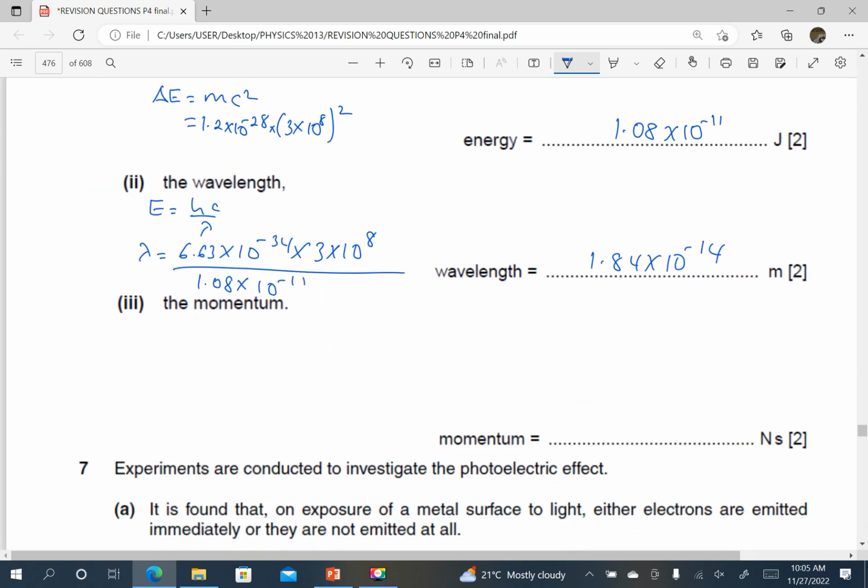Then the momentum, of course, we know that momentum is energy over c, which is the same as h over lambda. So the momentum will be equal to h, which is 6.63 times 10 power negative 34, divided by the wavelength, 1.84 times 10 power negative 14.